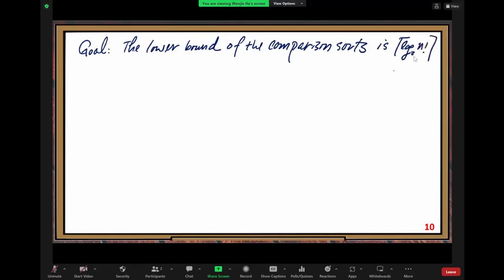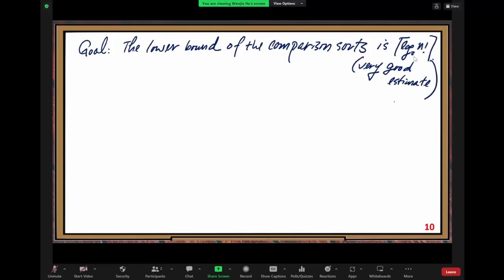And actually this formula is a very good estimate. All right, so let me explain how to derive this.